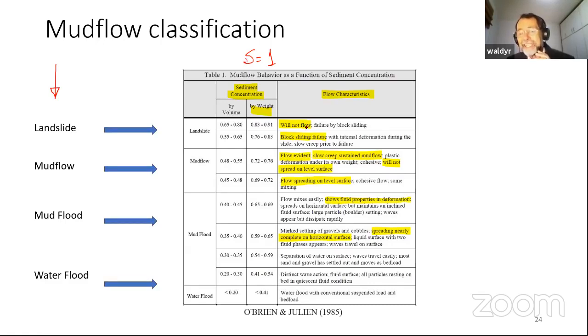That's a very important thing. Failure by block sliding. It's like the case of an inclined plane with a block. The block has a weight, and you can decompose this weight in two components.